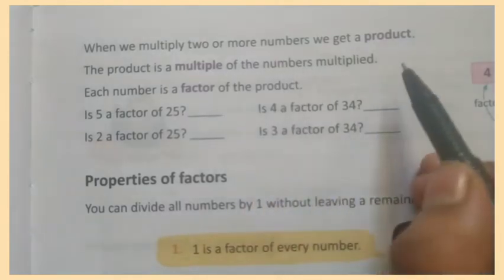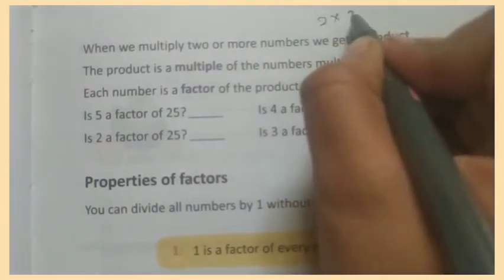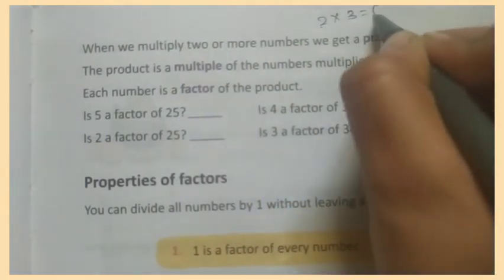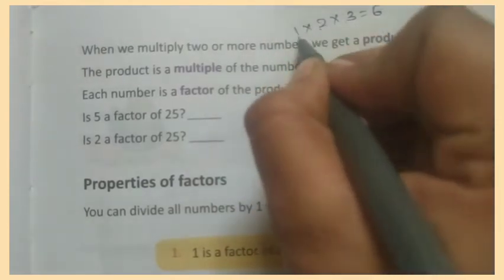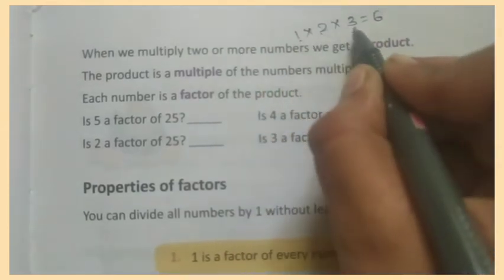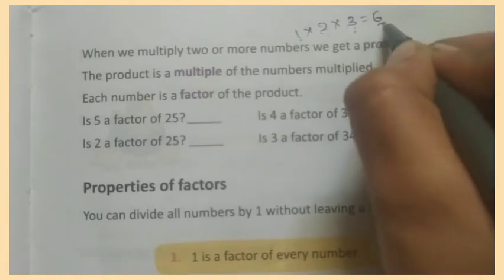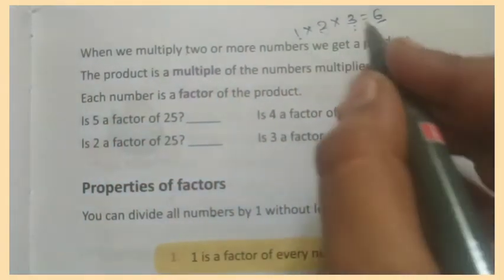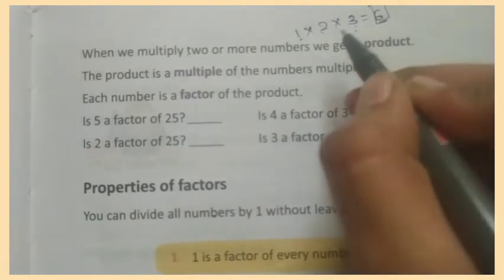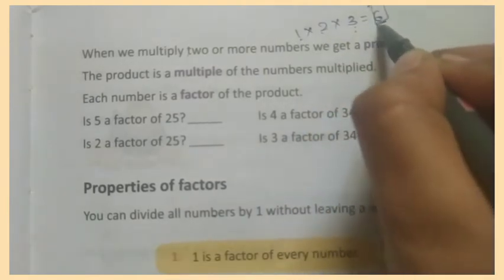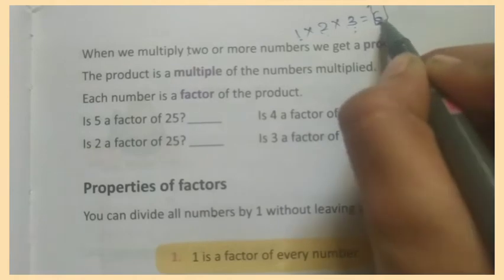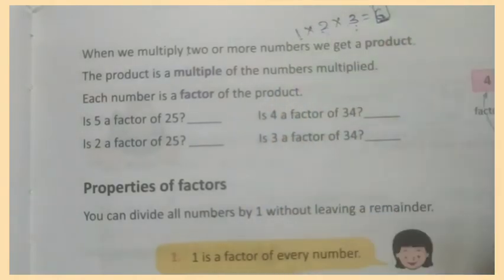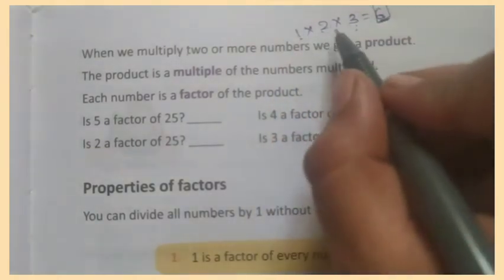For example, 1 into 2 into 3: 1 two is 2, 2 threes are 6. The answer is 6. We get this as the product, and we call this product a multiple of 1, 2, 3.